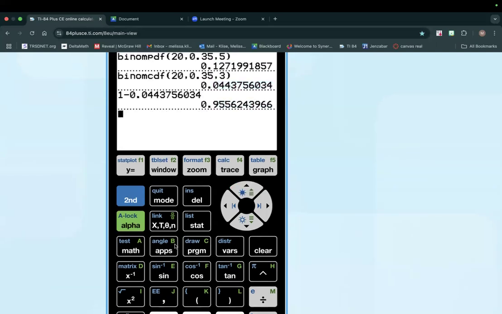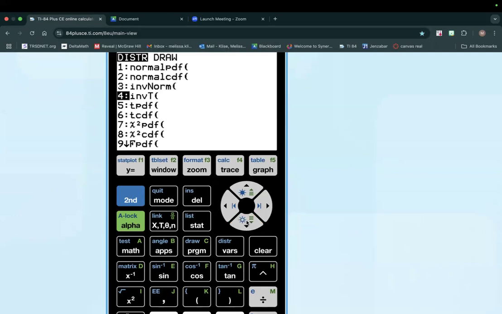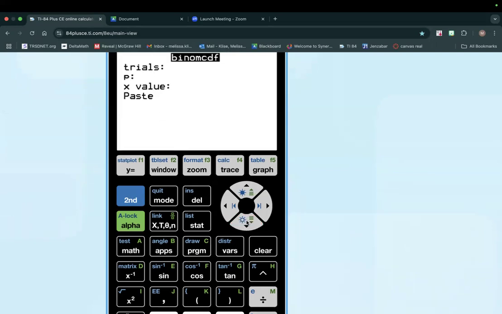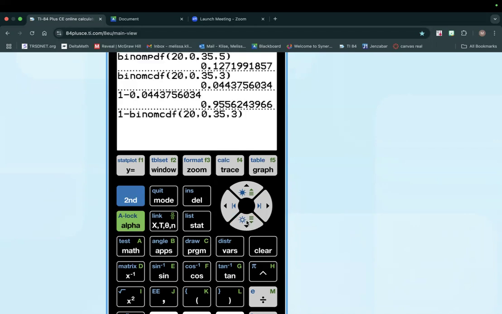Or I could do 1 minus and then go second binom CDF. Trials were 20, 0.353. Either way is fine. However you want to do it. Okay, thank you.